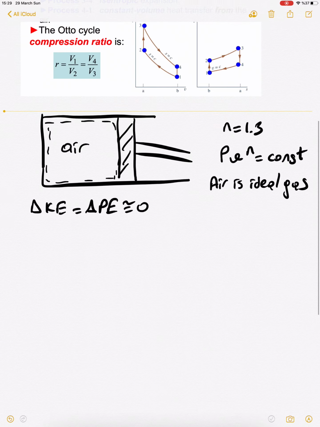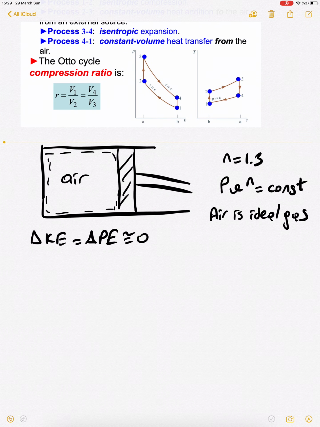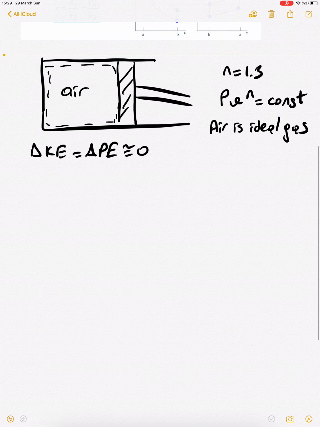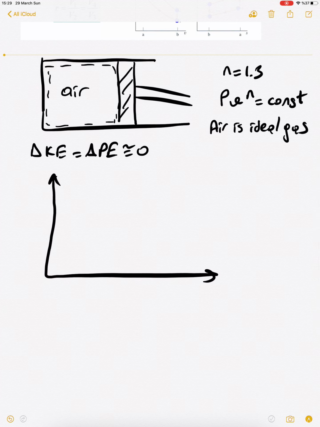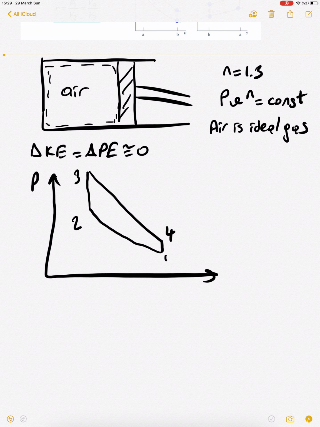If you look at the PV diagram, we can plot it here, where we go from 1 to 2, 2 to 3, 3 to 4, and 4 to 1. These are the processes. When we look at the maximum temperature, T3 is equal to 2000 Kelvin.